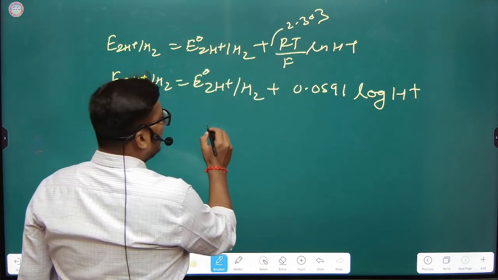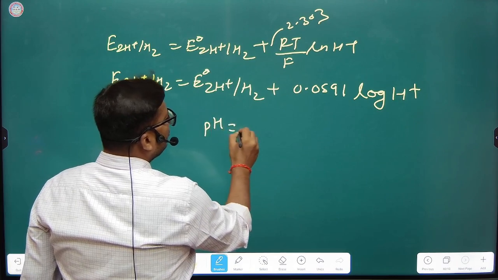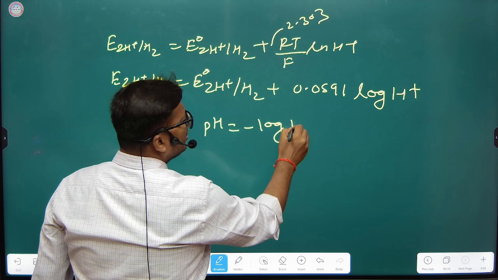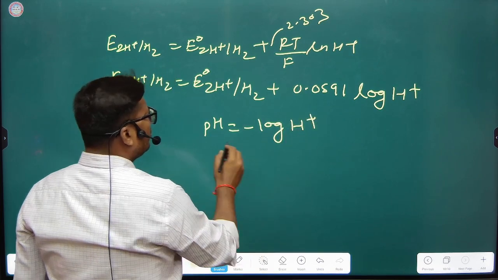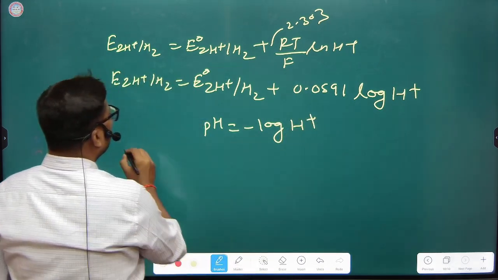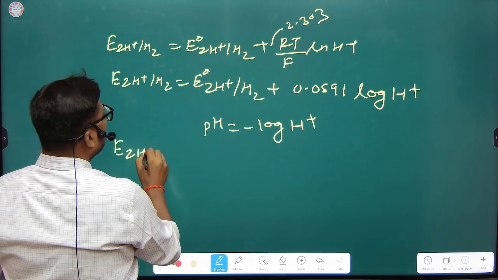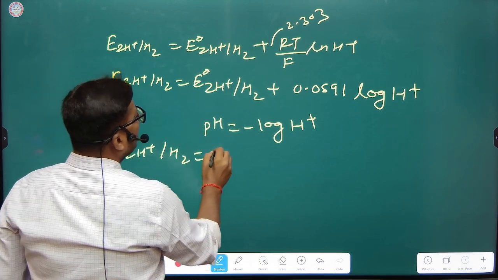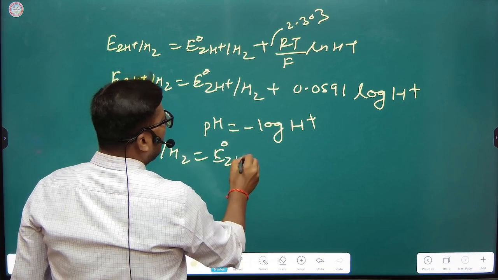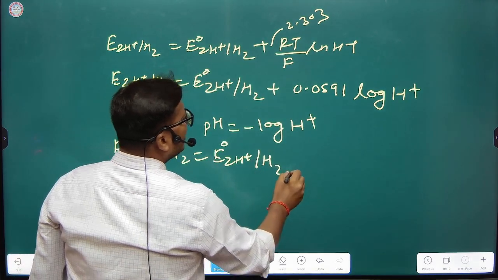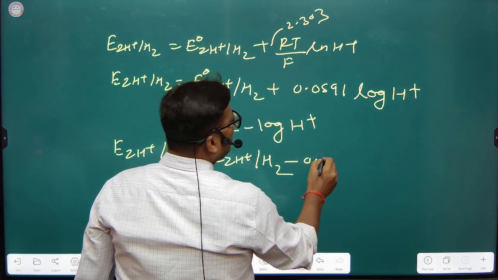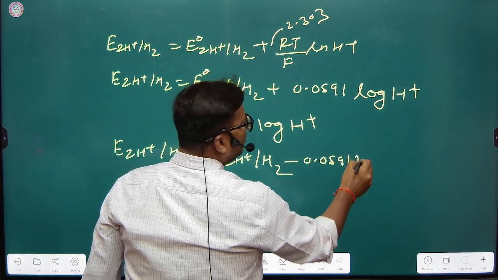And you know that pH is equal to minus log of H plus, right? So here you can put E 2H plus H2 equals E naught 2H plus H2 minus 0.0591 pH.